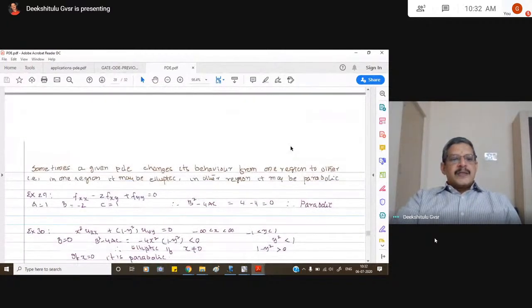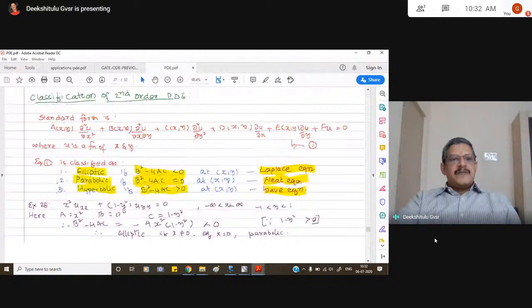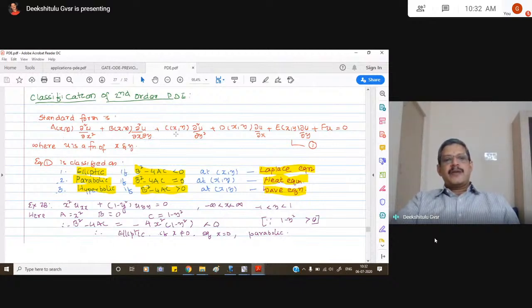The classification of second order partial differential equations: the general standard form of a second order partial differential equation is a(x,y) ∂²u/∂x² + b(x,y) ∂²u/∂x∂y + c(x,y) ∂²u/∂y² + d(x,y) ∂u/∂x + e(x,y) ∂u/∂y + f(u) = 0, where u is a function of x and y.